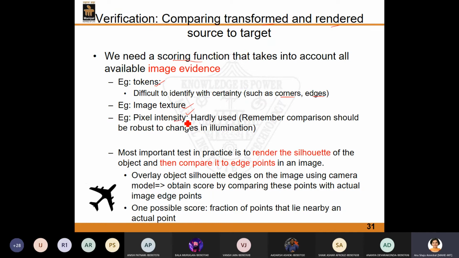But this particular approach where you take the pixel intensity for the scoring function is hardly used. The reason why it is hardly used is, let's say you have a source object and you have a target.